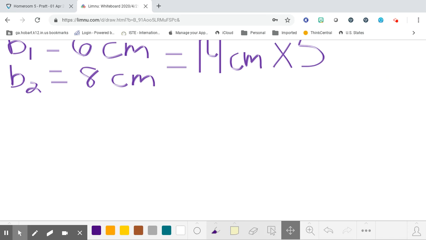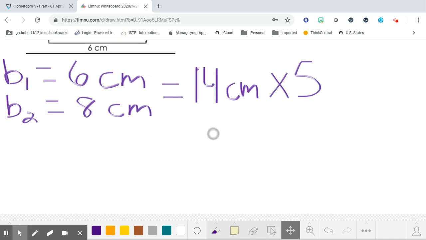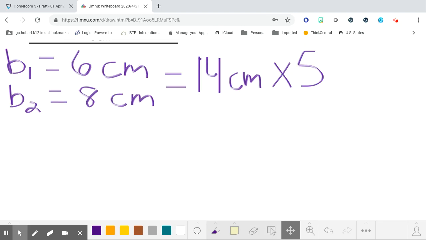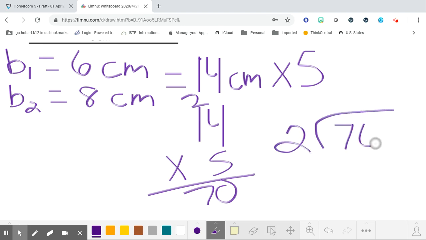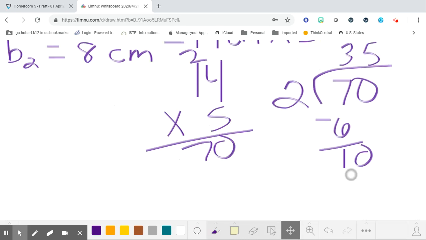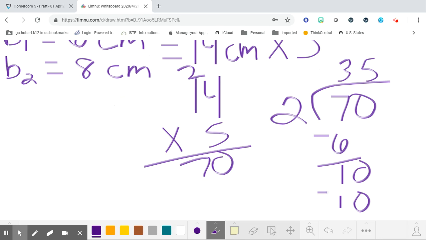So 14 times 5 is 70. You take 70 and divide that by 2, and you should get 35.